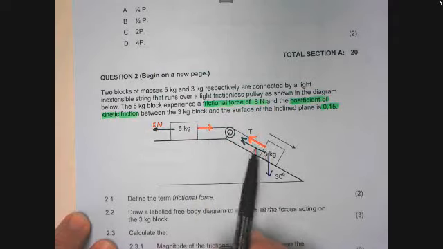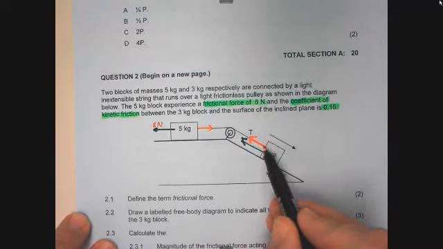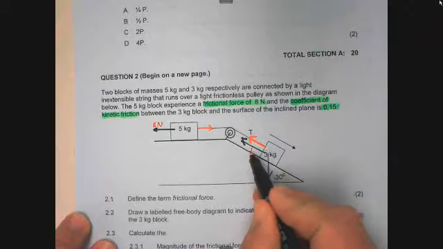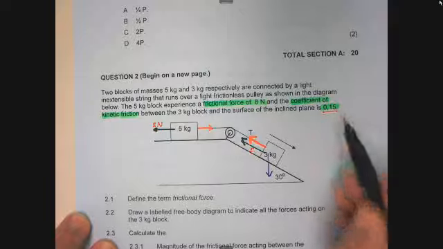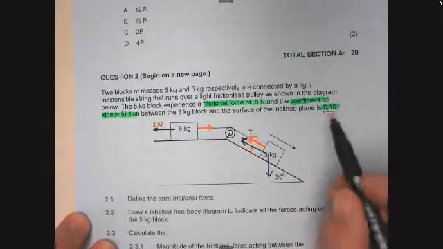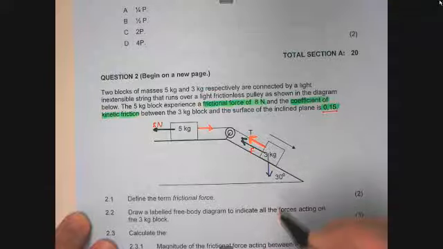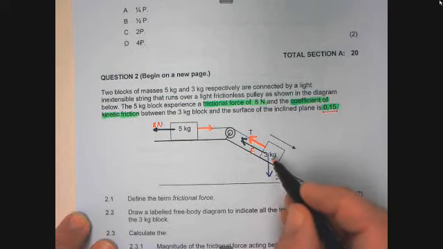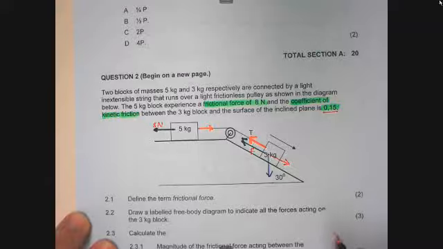The 3 kilogram block also experienced the force due to the tension in the rope and also a frictional force, and they tell you in the question that the coefficient of kinetic friction is equal to 0.15. Then also the component of the weight of the block will be a third force acting in this direction.